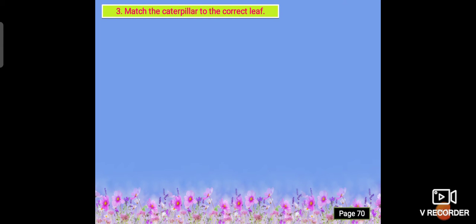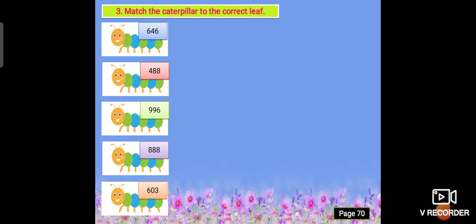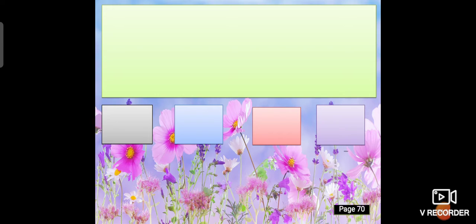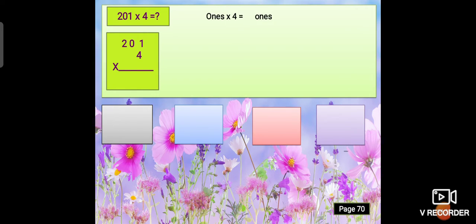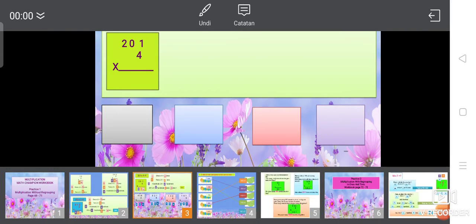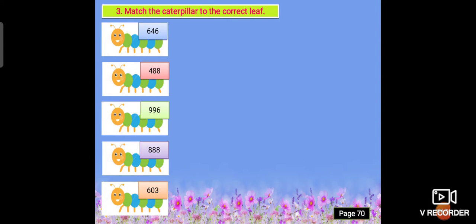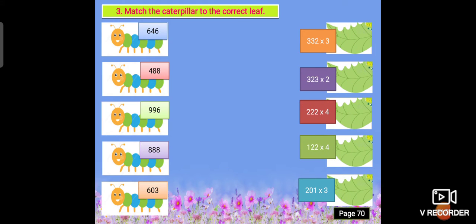Okay, now open page 70 still. So we have a bunch of caterpillars there, and we also have the leaves. So the caterpillars want to eat the leaves. Match the caterpillar to the correct leaf. 646, where did this number come from?